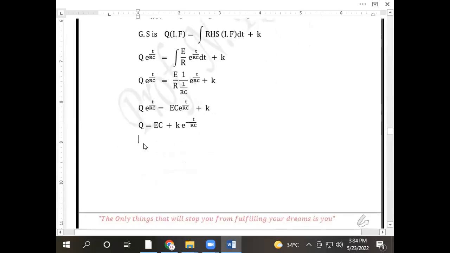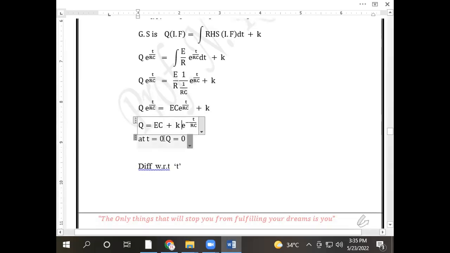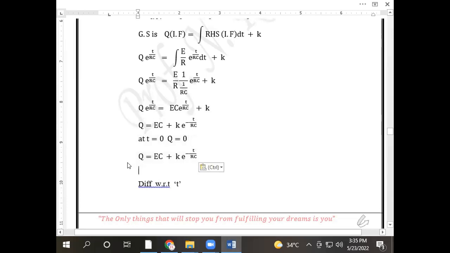Then to find the value of the constant of integration, we have to use the initial condition. With the help of the initial condition, we can find the value for Q. At t equal to 0, Q is 0. So the equation becomes Q equal to 0, and t equal to 0 means the exponential function's index becomes 0.